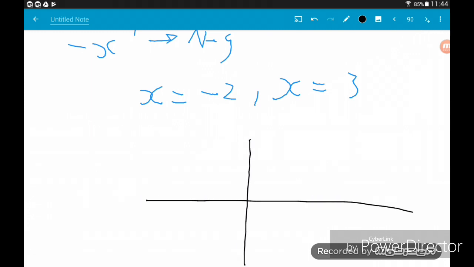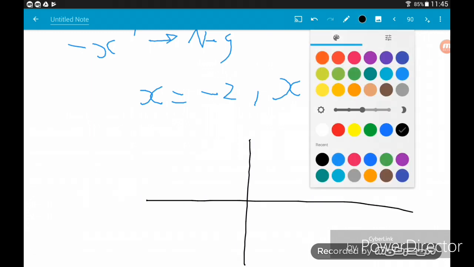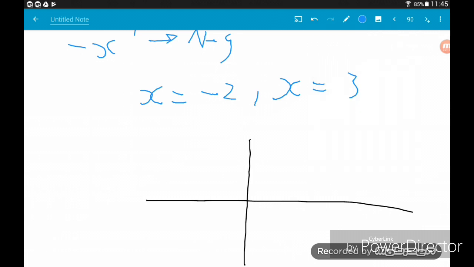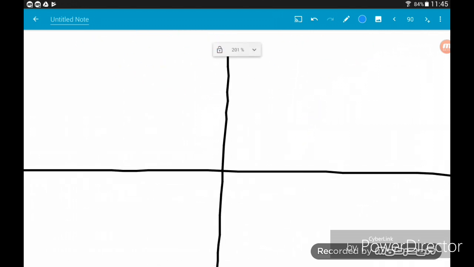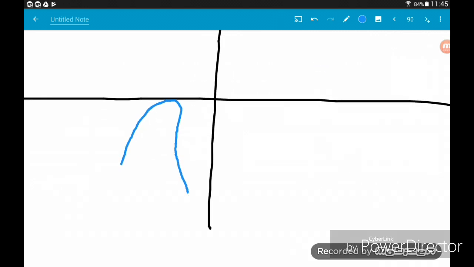So, because it's a negative x to the power 4 term, we're starting on the bottom left. Now we're going to go up and hit the x-axis, but not cross it, at -2. Then we go miles down to -36.